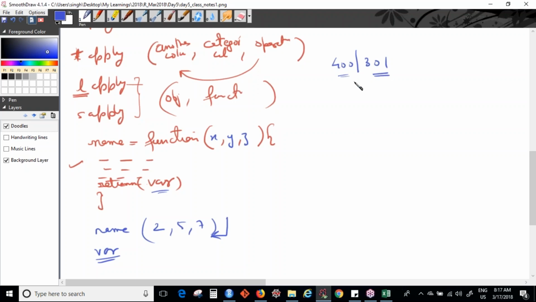Now you have to split them, then you can use the strsplit function. Then whatever this is you write that, and you give a separator, that the separator is your pipe operator. And then you give fixed equal to TRUE. So what this will do is this will give you 400 and 301 separately, which you can again use. So for that we use the strsplit function.